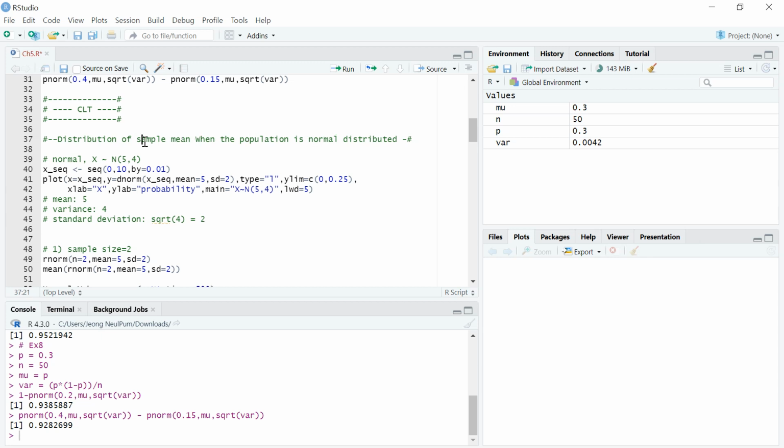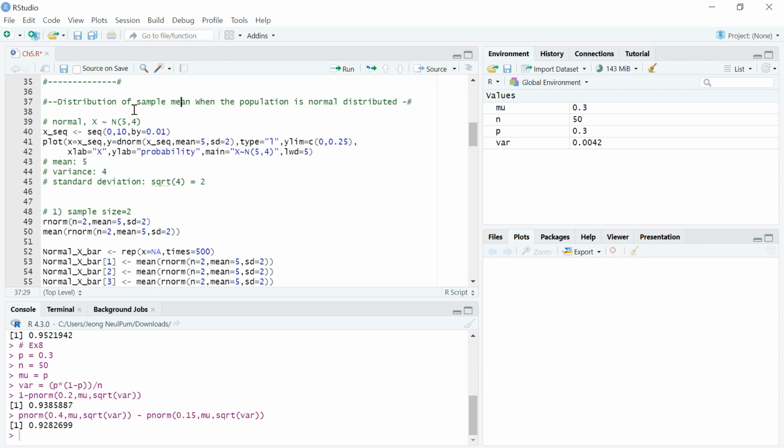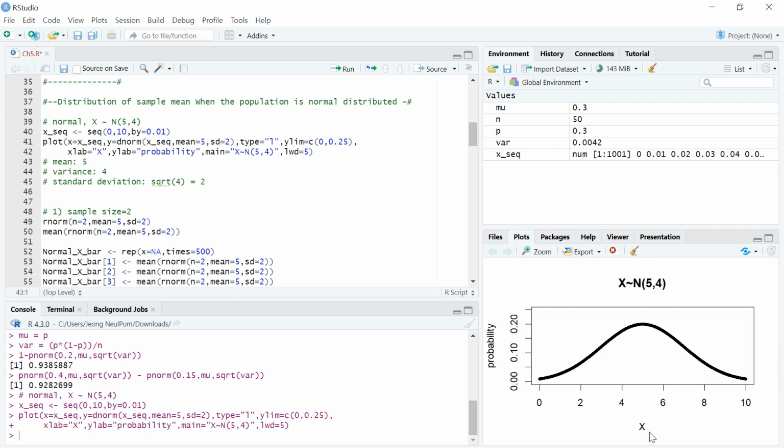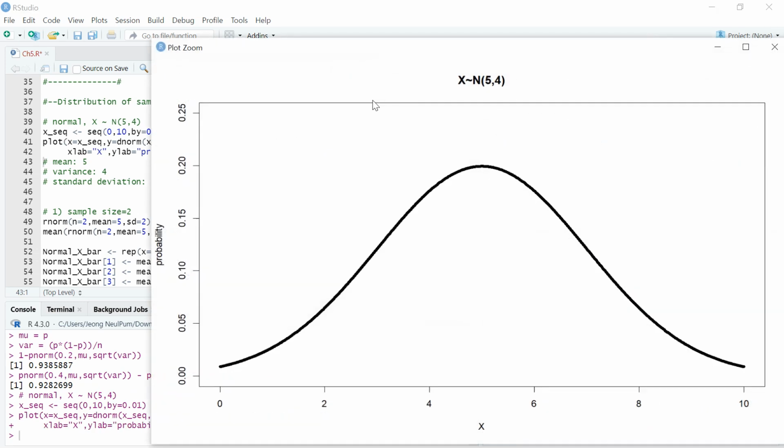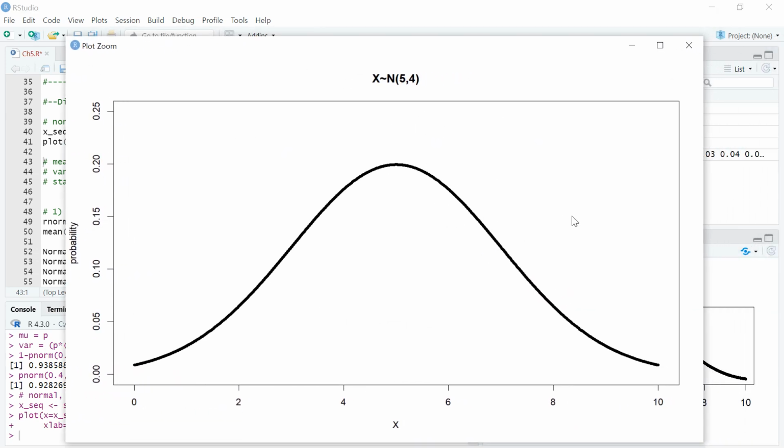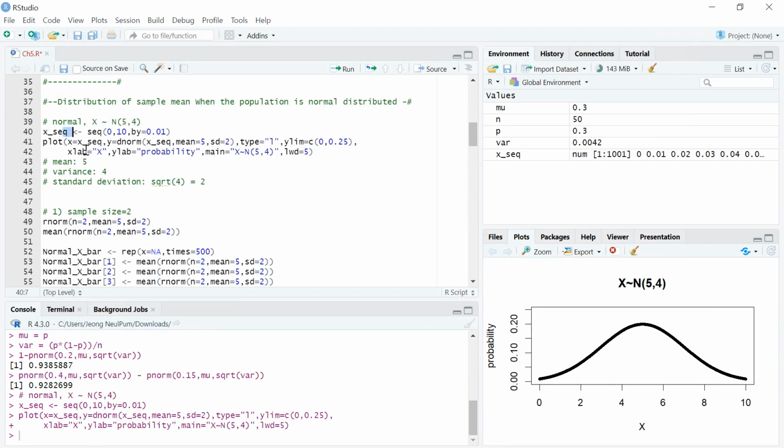So we are going to check whether the sample mean really goes to the normal distribution. I just plot a normal distribution with mu as 5 and sigma squared, the variance, as 4.